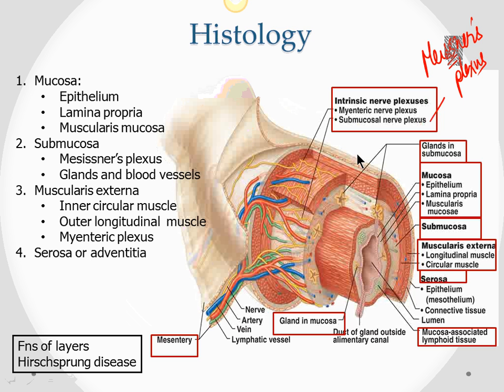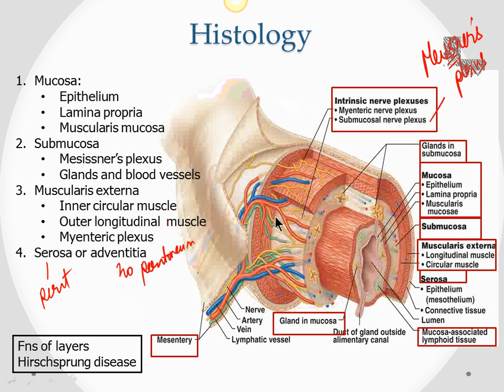And then the outermost layer is connective tissue if there is no peritoneal covering, in which case it is known as adventitia. So adventitia is when there is no peritoneum in that area. And when there is peritoneum, that is known as serosa, because it's a thin layer then.